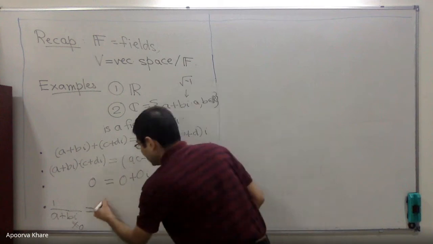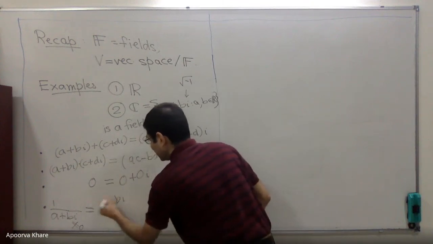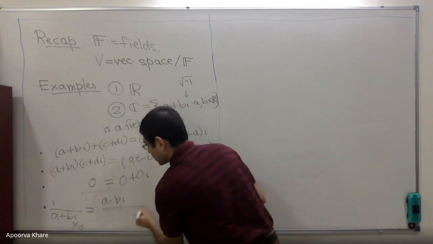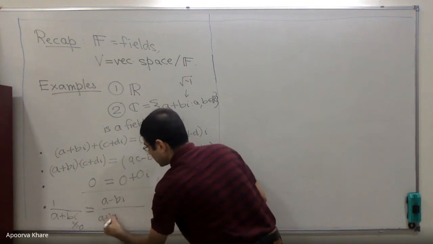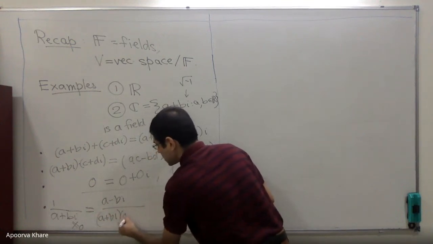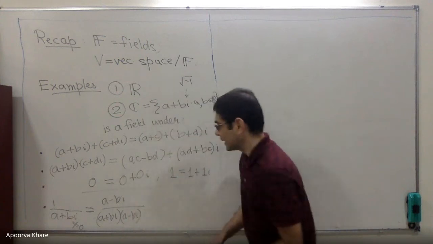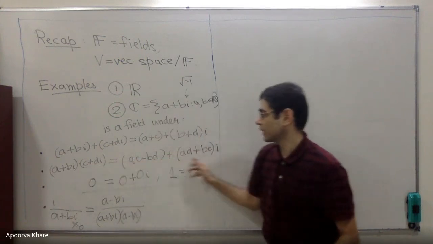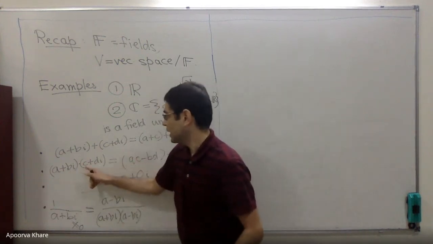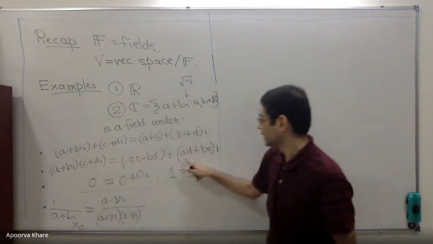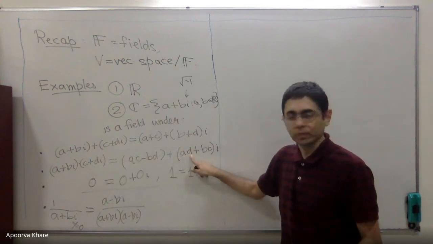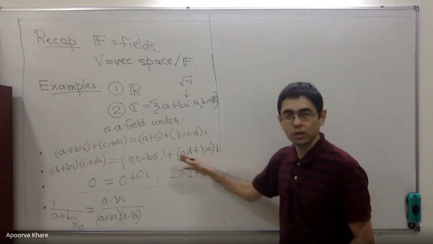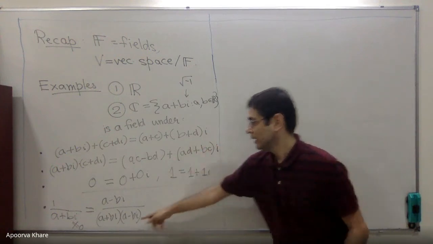So you multiply and divide by the conjugate. And now remember, we have defined how to multiply things. So with (a, b) and (a, -b), this becomes a times minus b plus b times a, that is 0. So there is no i component in the denominator.